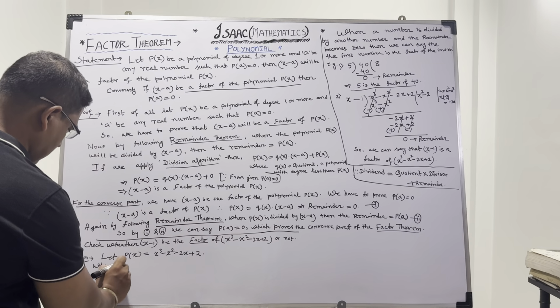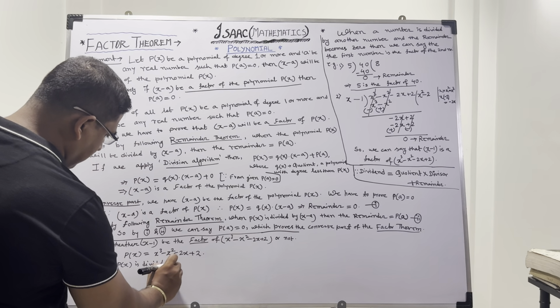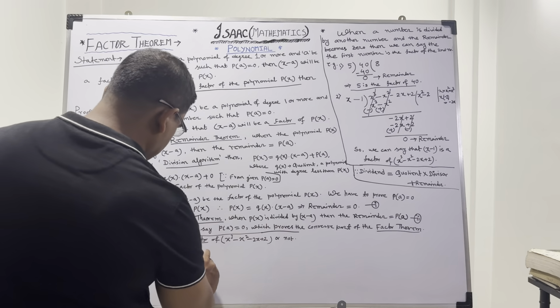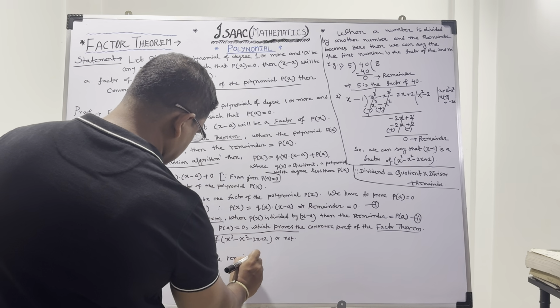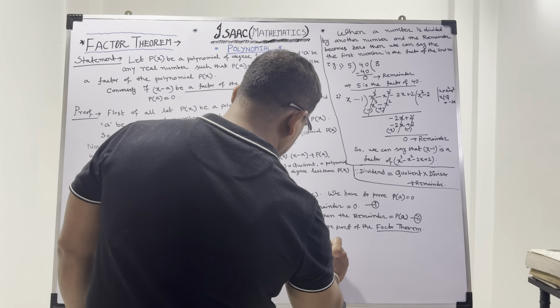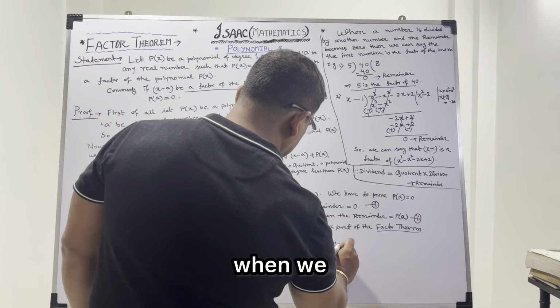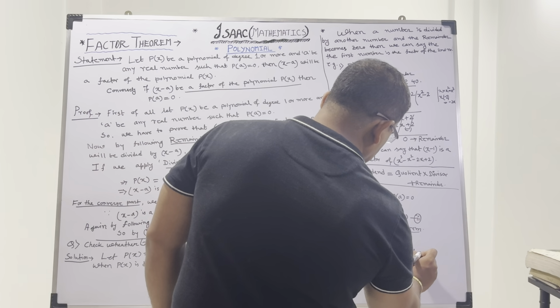When P of x is divided by x minus 1, then the remainder is equal to P of 1, since when we compare x minus 1 with x minus a, then we have a equals 1.